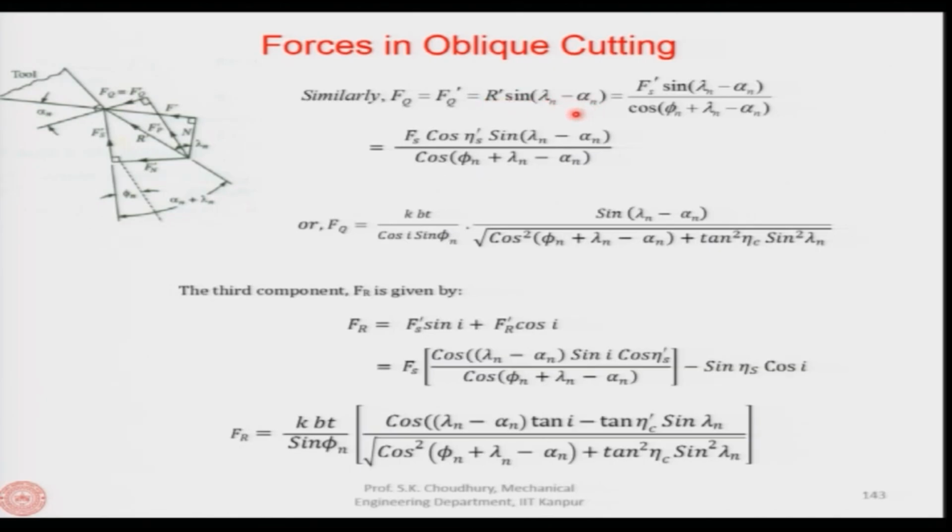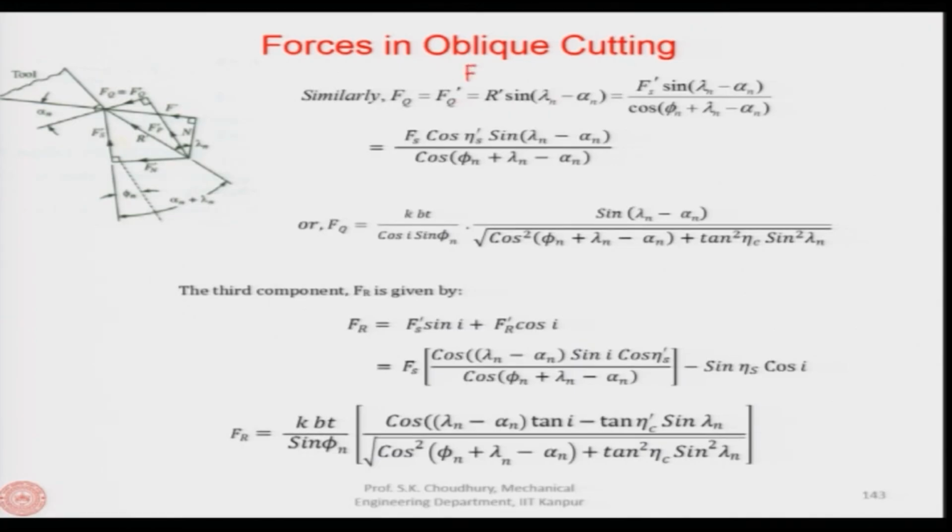So, if you remember, in the orthogonal, Ft was equal to R sine of lambda minus alpha. So, similarly, we are writing here that this Fq prime is R prime sine of lambda n minus alpha n.